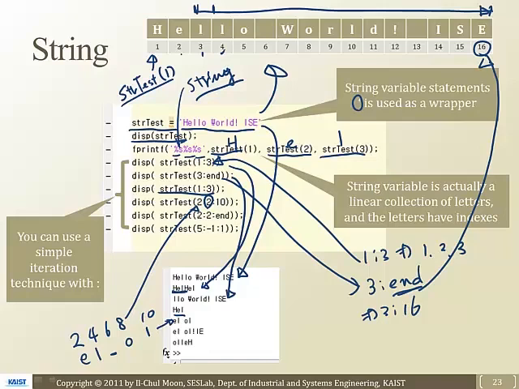And E2 with step 2 and END is just a longer version of this. So END, what does this mean? In this case, 16. So 2, 4, 6, 8, 10, 12, 14, and 16. So it's a little bit longer.